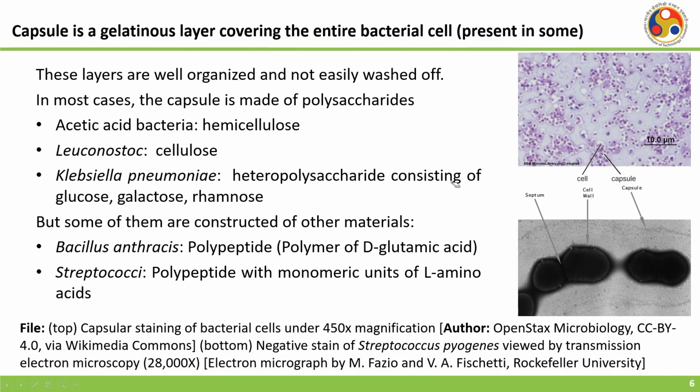Then in streptococci, you have a polypeptide with monomeric units of L-amino acids. In this picture you can see the capsular staining of bacterial cells under 450x magnification, and the negative stain of Streptococcus pyogenes under transmission electron microscopy.